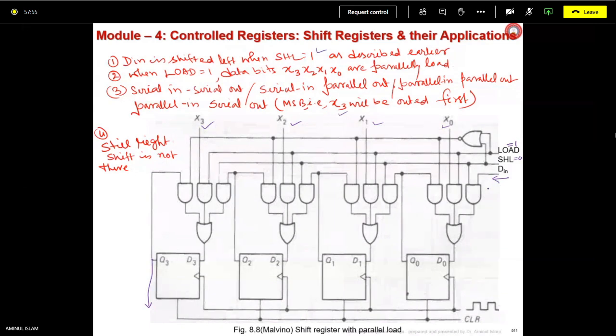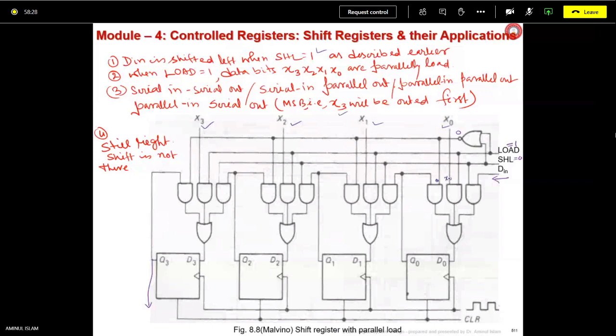The NOR gate input is 0 and 1, so the output is 0. So that 0 is coming here. How then is it going to be loaded? This is coming here 0. Your x1 or x0 is coming here.